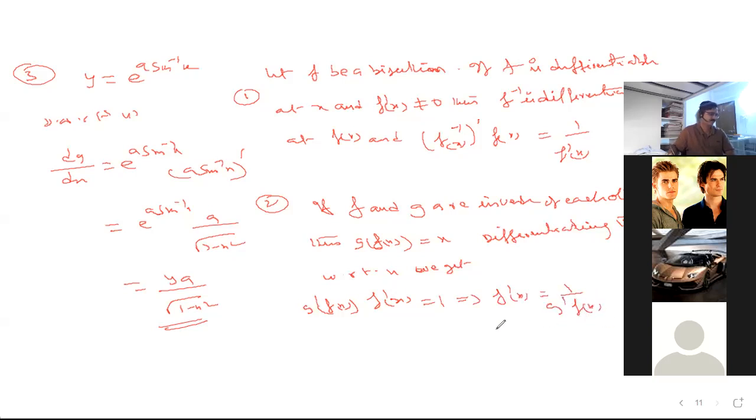ऐसा भी लिख सकते हैं. एक एग्जाम्पल ऐसा ले रहा हूँ. f of x is equal to x cube plus x plus 1, and g of x is inverse of f of x. ठीक है, inverse of f of x ऐसा दिया.